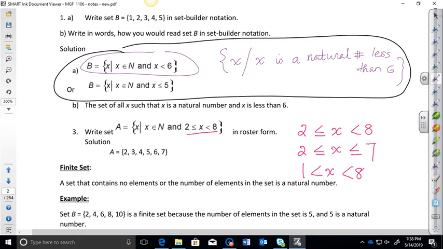So first you have to say x is a natural number. That's what we are saying like that. But you can write it out if you want. You don't have to use that symbol. That means x is a natural number and x is in between 1 and 8. Or x is in between 2 and 7, both included. That's why it's less than or equal to, greater than or equal to.